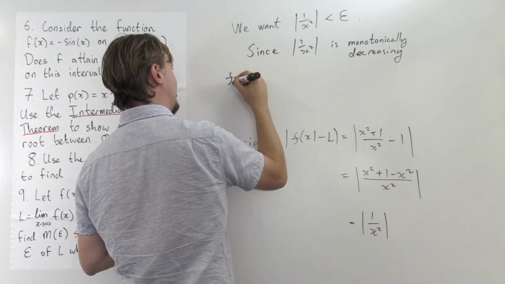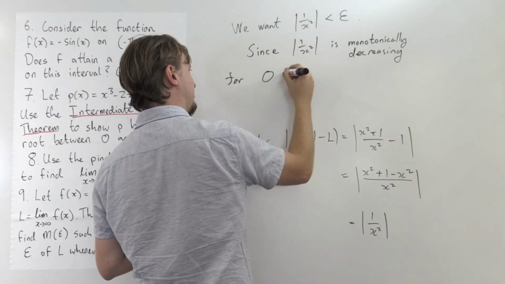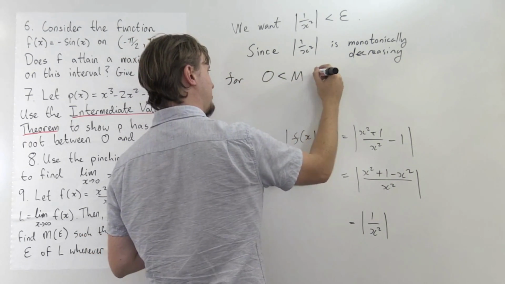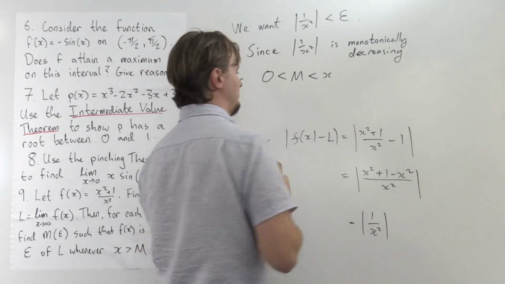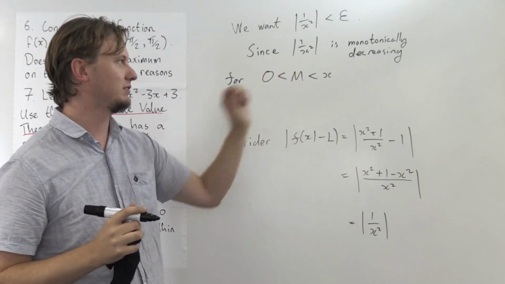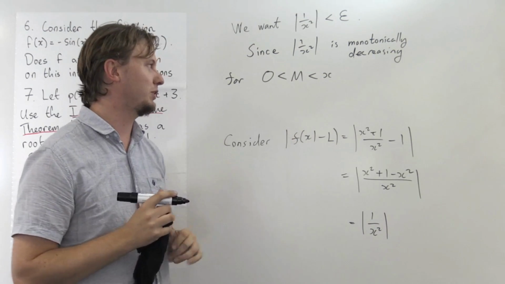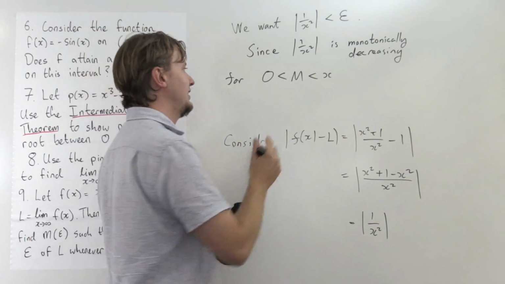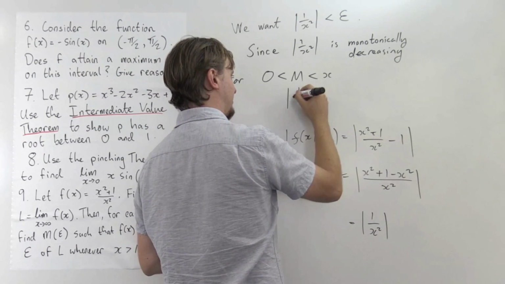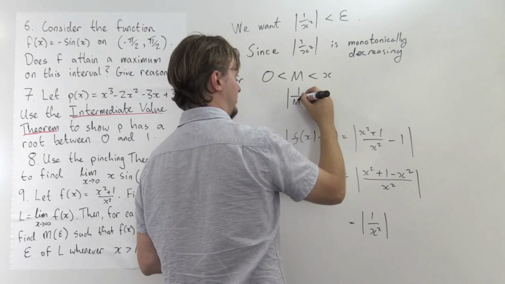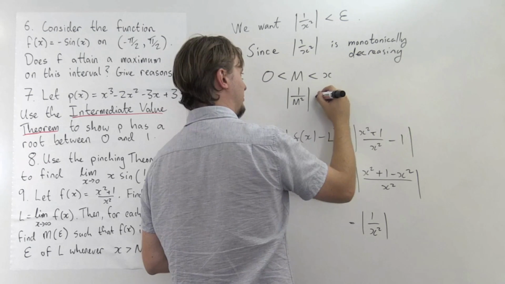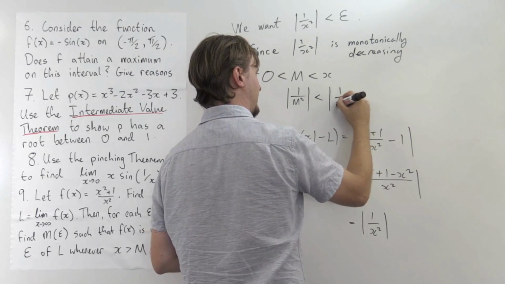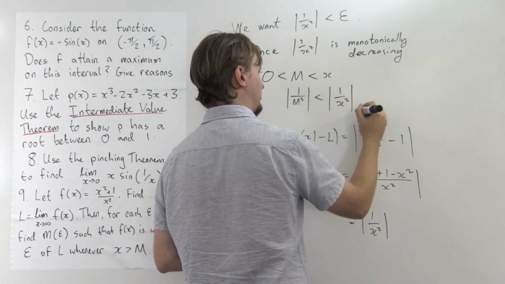Well, that means if I was to pick a value m and look at what happens beyond that point, what I do have is that 1 over m squared will be less than 1 over x squared.